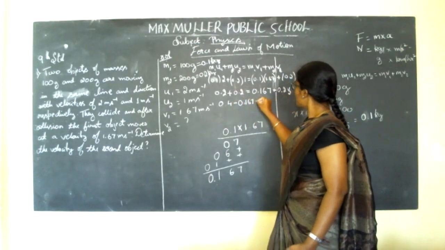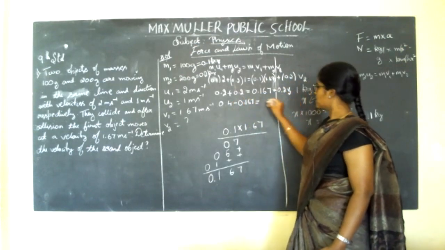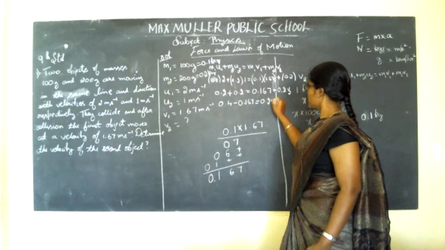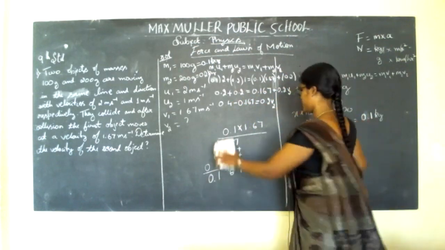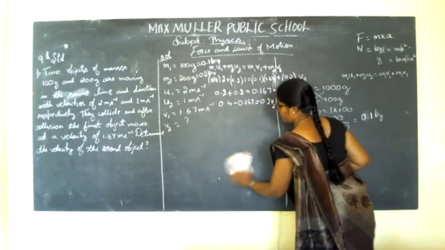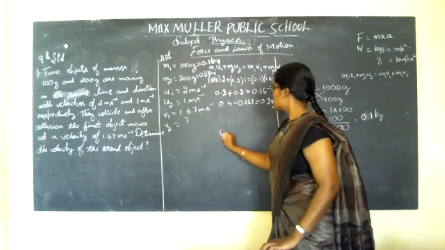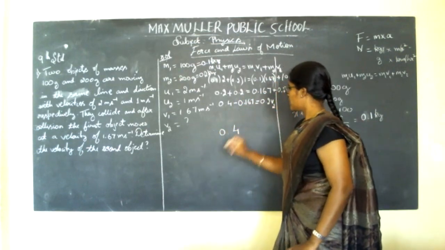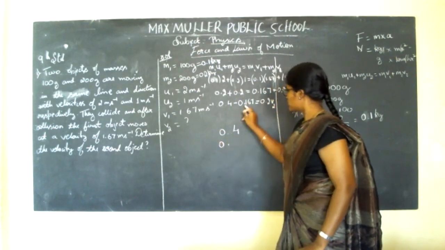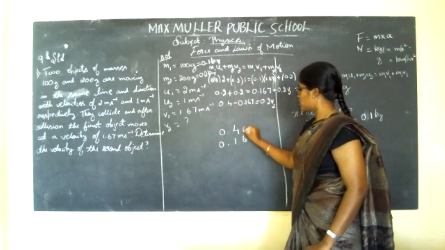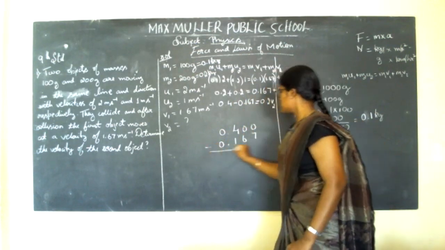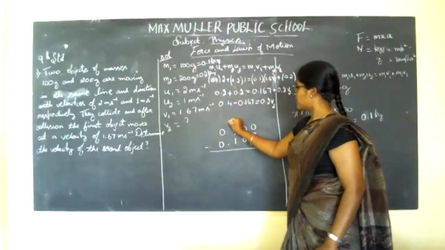0.167 is equal to, what is left out here? 0.2 V2. Understood? Now subtract it. Now subtraction. 0.4. Then 0. So it is 167. I do not have numbers here, so put zeros. Subtraction. Then this will be 3.